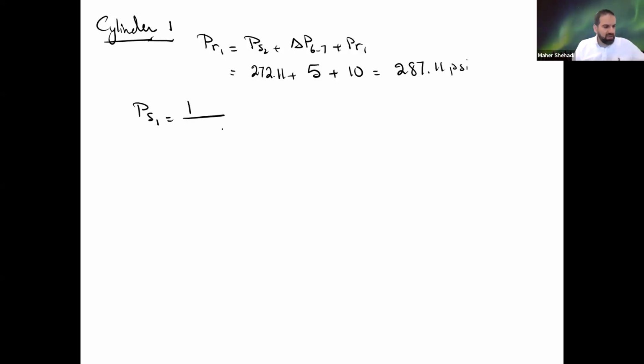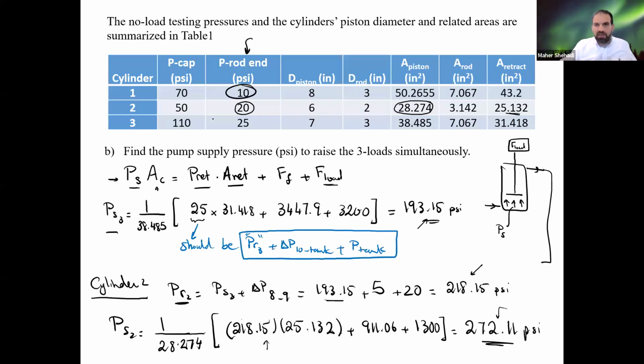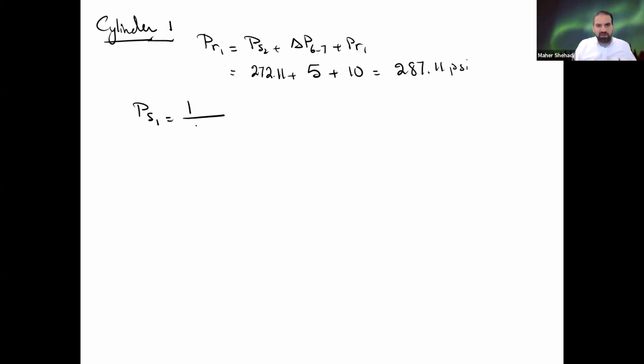It's 1 over A cap 1. What's A cap 1? 50, I believe. Yeah, 50.2655. P retract 1 is 287.11.